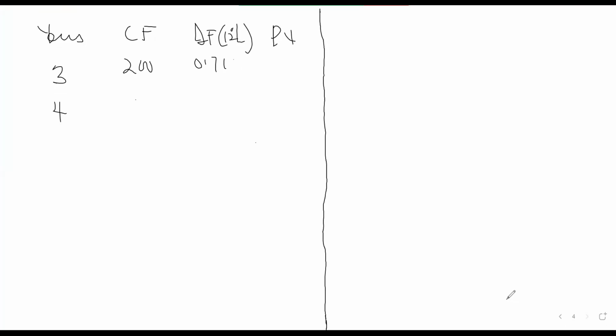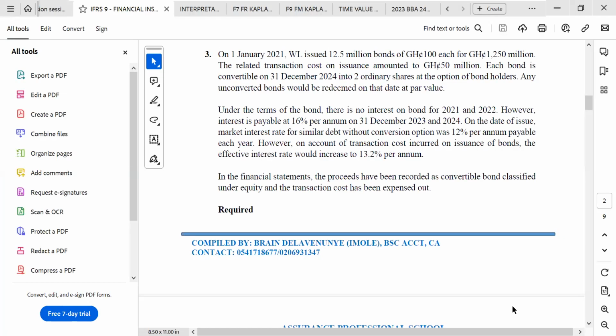Let's come to year 4. Year 4, what will happen? Yes, senior. Wait, is it not 2,000 instead of 200? The nominal value is less than 2,000. So if the interest is 2,000, it's supposed to be 200. It will be 16% on the 1,250.